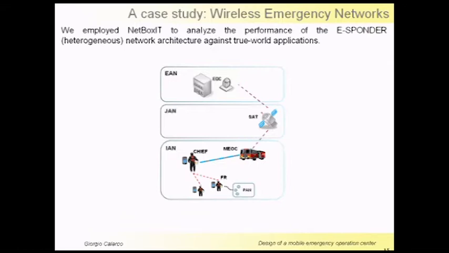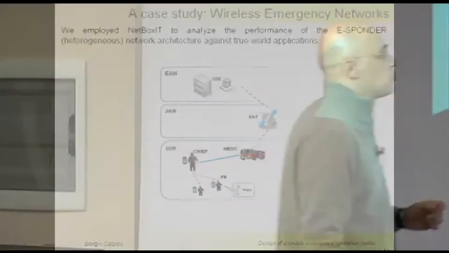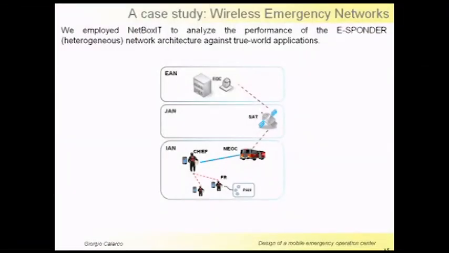Let's now move on to a very important topic, the emulation of the responder network, the emergency network. This is the reference scenario where we have a certain number of first responders connected through a Wi-Fi network to the commander, and the commander is connected to the MIOC using a WiMAX link, and then the MIOC is connected to the EOC through a satellite connection.